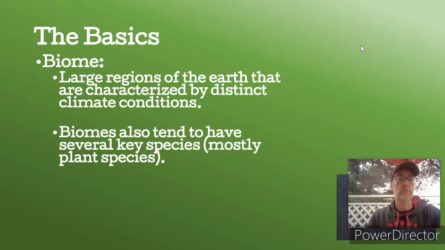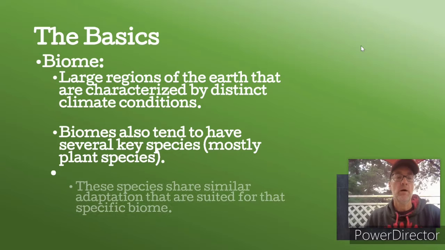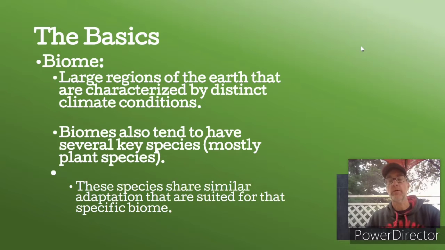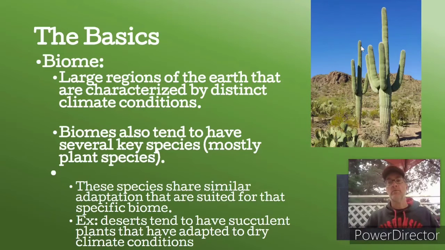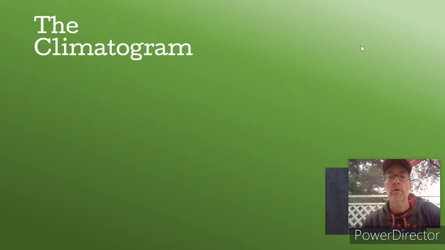We also talk about some of the mammals that live there, but don't forget there's lots of other players, insects and so forth, that are interacting in that ecosystem. They usually have similar adaptations, those organisms. An example might be the saguaro cactus, which you could find down in Arizona, down in the Sonoran deserts, places where there's not a lot of rainfall and they have to retain lots of water.